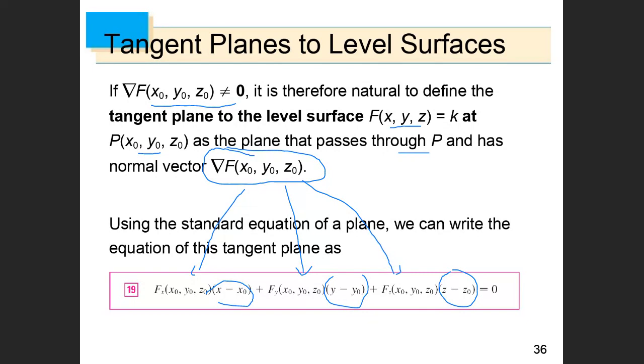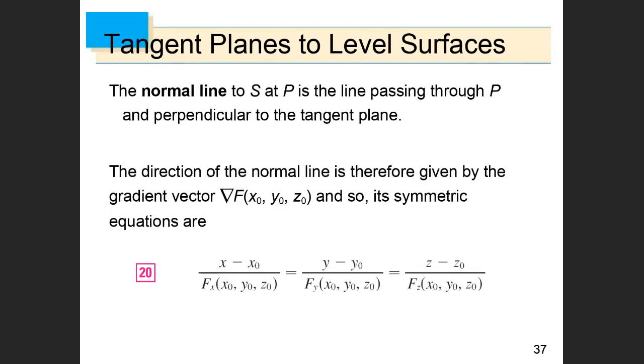Got it, guys? Okay. So it is very trivial mathematically to get this. So what do we say? At the point P(x0, y0, z0), the plane passes through P and has a normal vector. We can write the standard equation of the plane using the gradient vector. Okay?